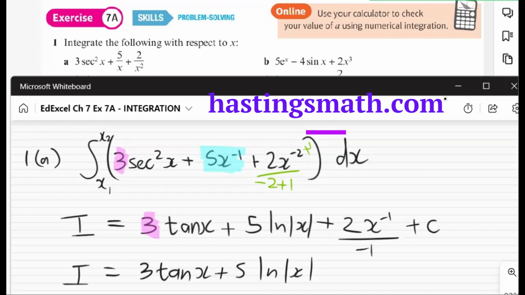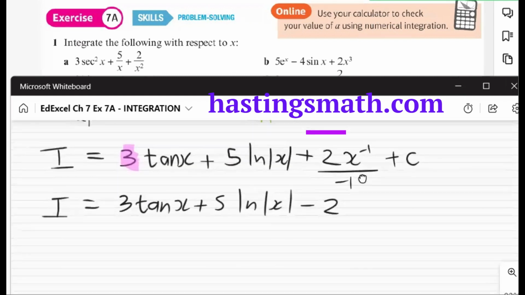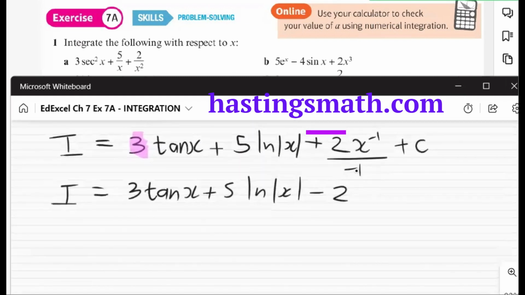So 2 over -1 is just -2. And this will be over x to the power of 1. So negative x on the numerator is x in the denominator. And that is your final answer.